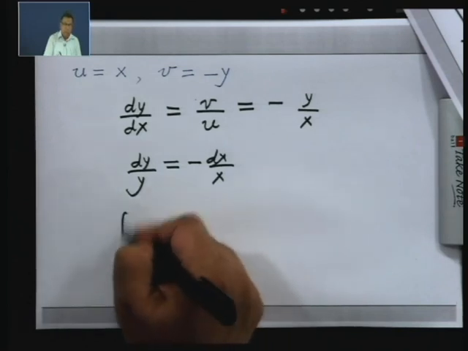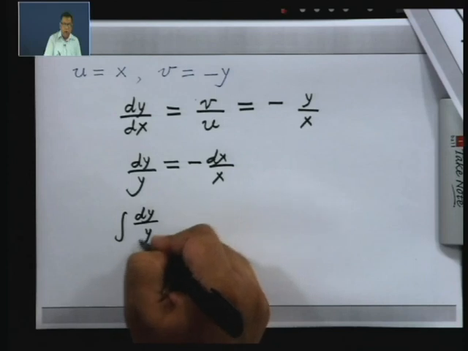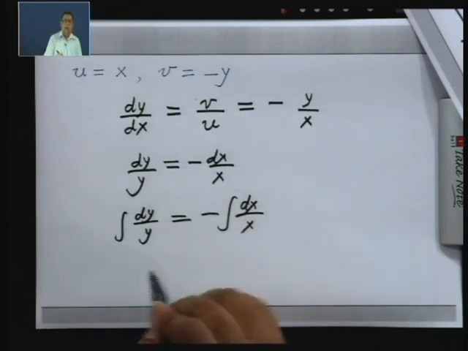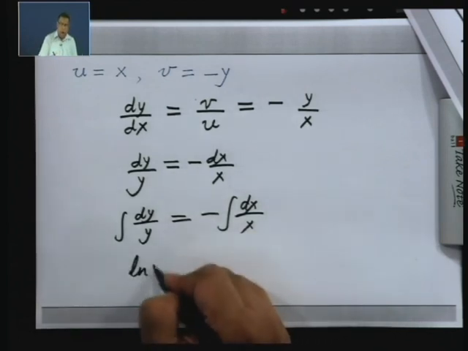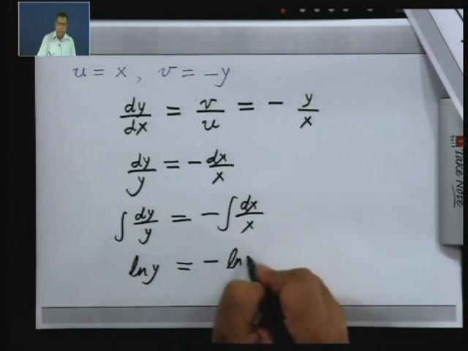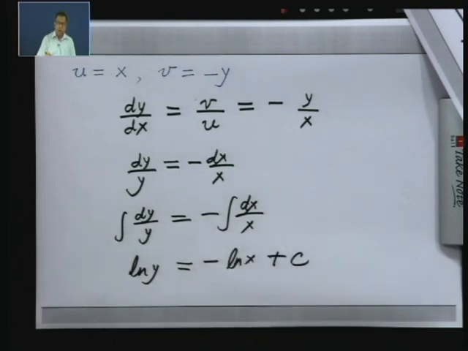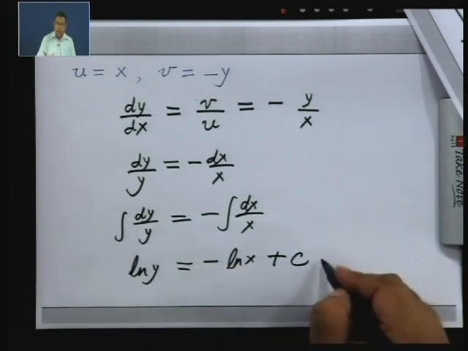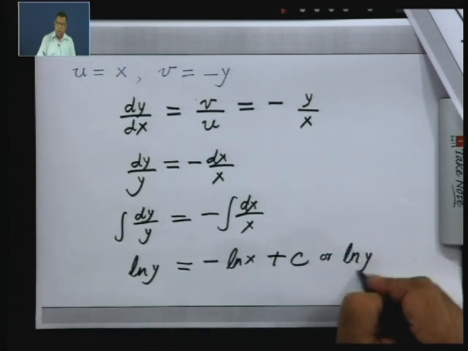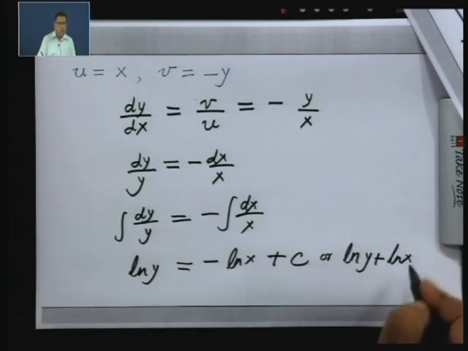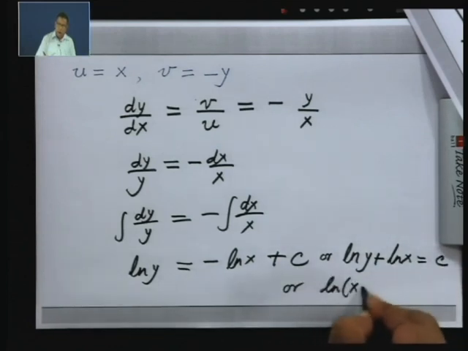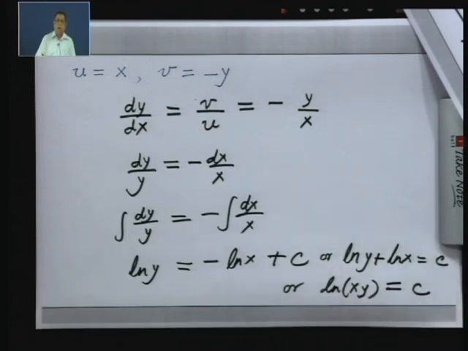Now, suppose I integrate this, then you will have integral dy by y is minus integral dx by x. So, this will be natural log of y and the right hand side will be minus natural log of x, and there will be an arbitrary constant of integration. Now, I can take this term and bring it to the left hand side and write this as log of y plus log of x is equal to c, or I can also write it as log of x y is equal to a constant, because you know that log of x y is log of x plus log of y.